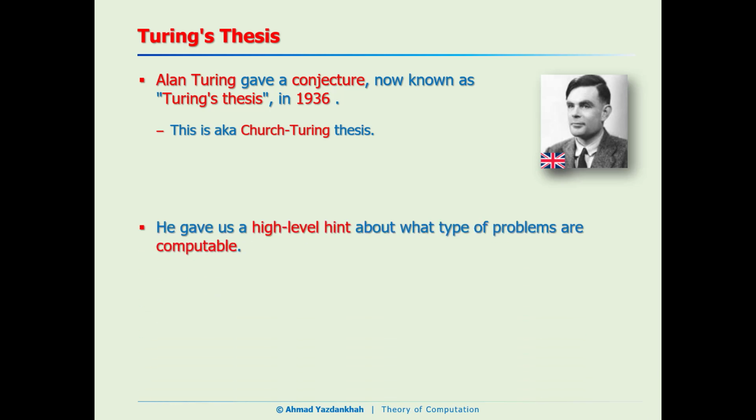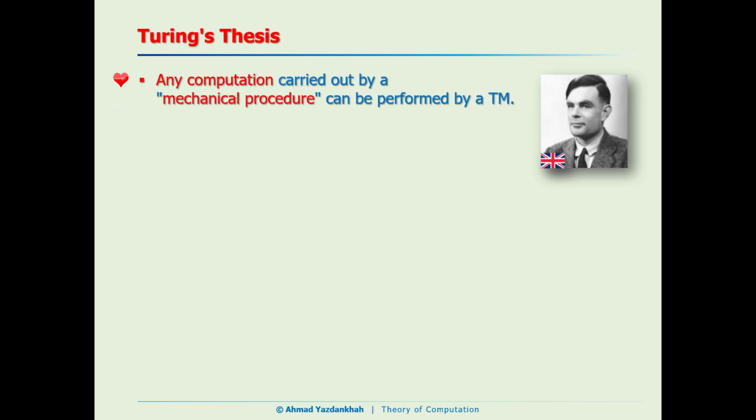So he gave us a very high level hint that what kind of problems is computable. Here is the statement of the Turing thesis. Any computation carried out by a mechanical procedure can be performed by a Turing machine.